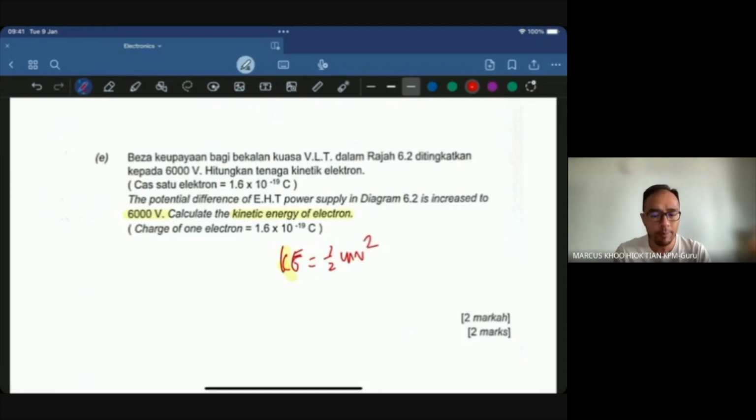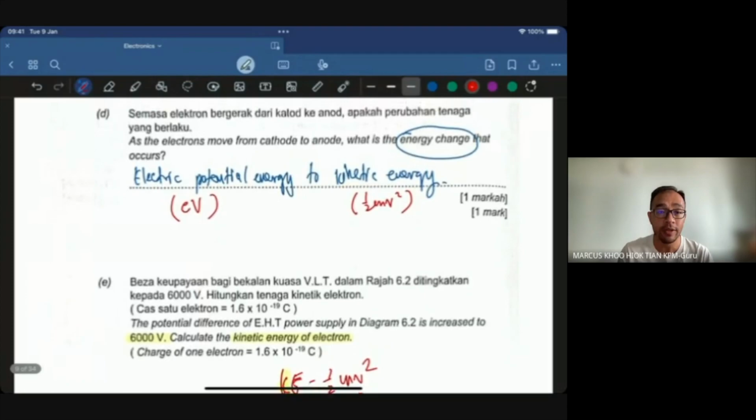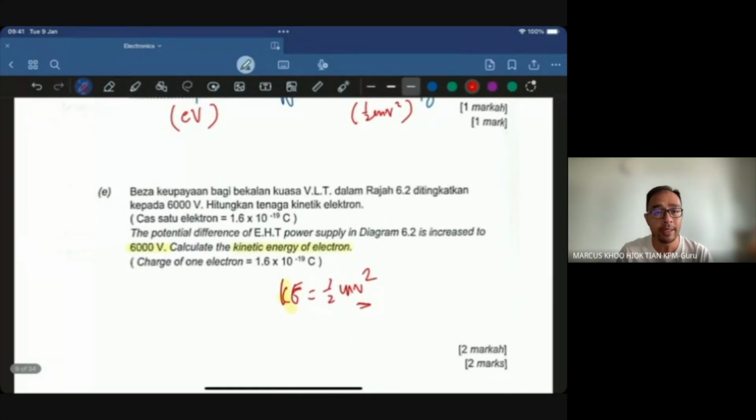But the problem is they don't give you the v. There's nowhere in the question that gives you the v. The idea is that if your voltage is bigger, your v also has to be bigger because the formula is eV equals half mv squared. So the question is, how are you going to calculate the kinetic energy if you're not given the velocity?